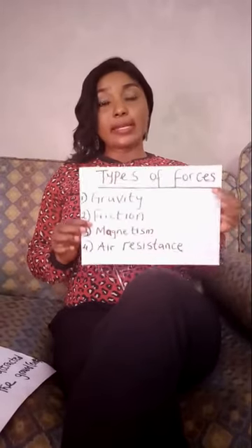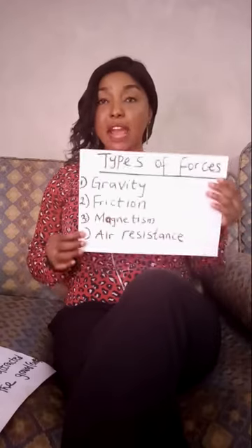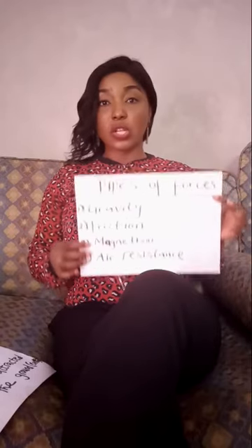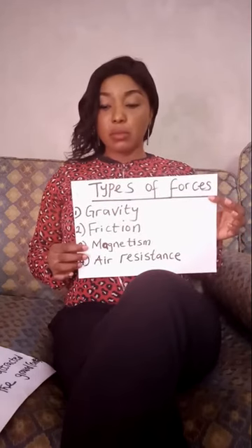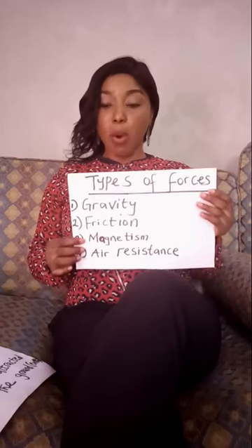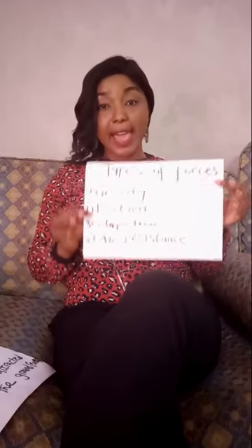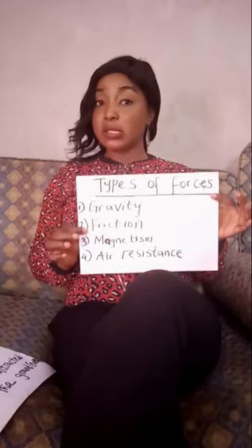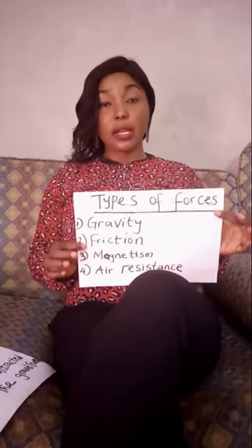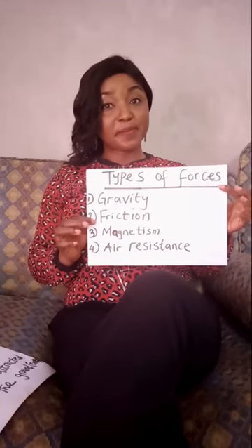But there are still other examples of forces like magnetism, air resistance, and lots more. We will concentrate more on these two forces that affect us every day, gravity and friction.